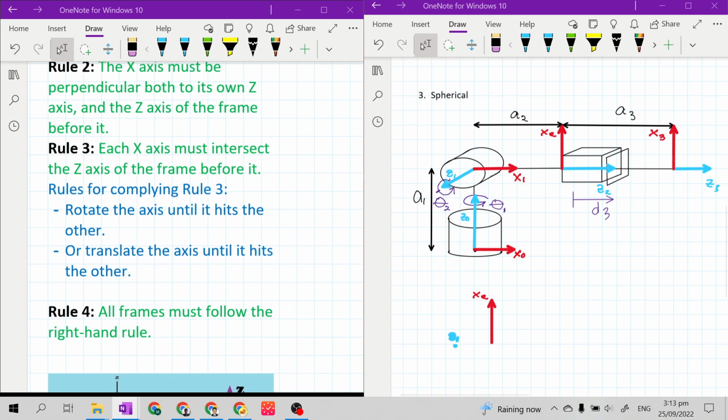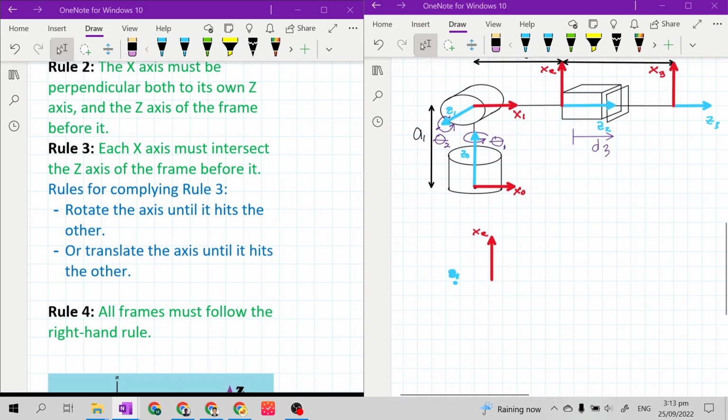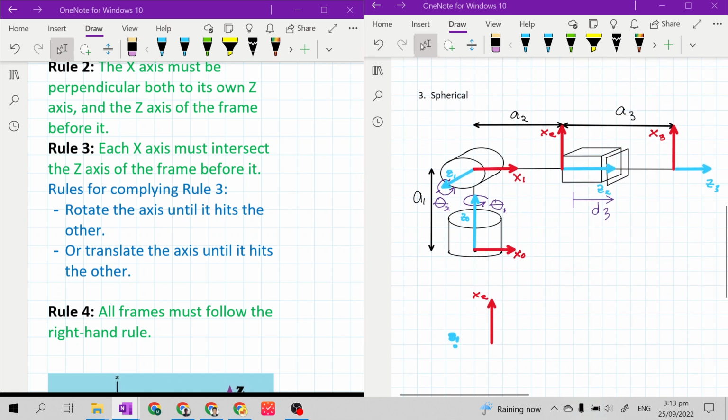The same at a top view: x sub 2 is the point, while z sub 1 is an arrow pointing downward.